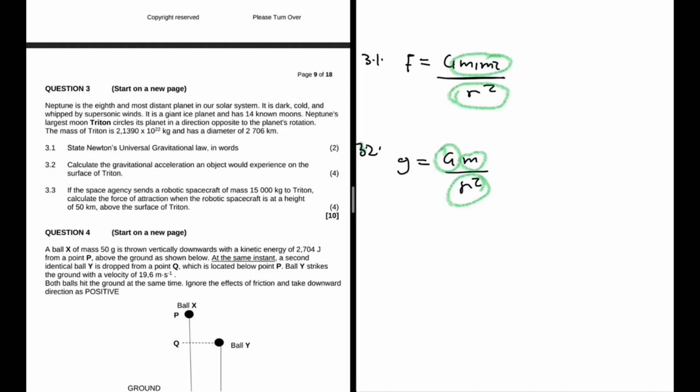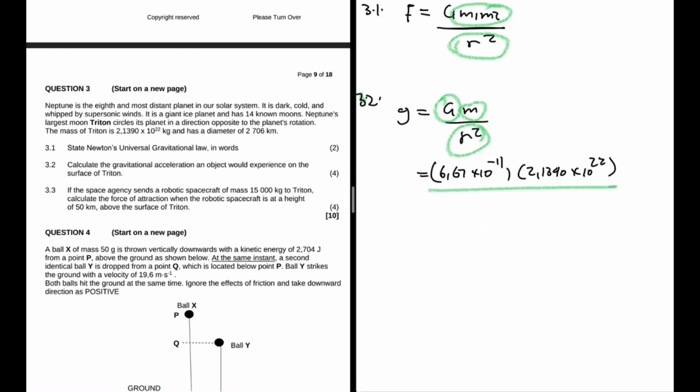So what do we have here? This will be equal to 6.67 times 10 to the minus 11. That is the value of G. And then the mass of Triton is said to be 2.1390 times 10 to the 22 kg. Now we have to pay attention to the radius, right?